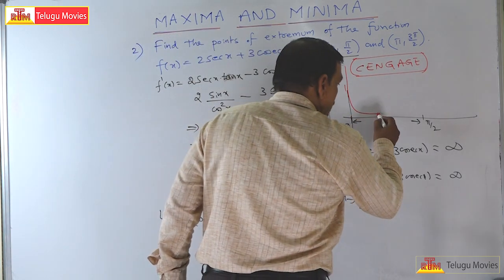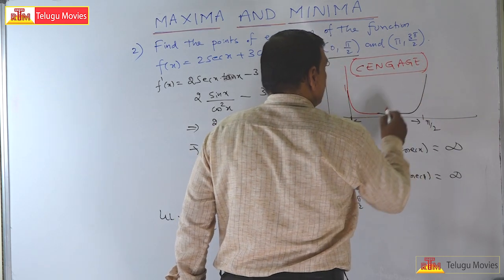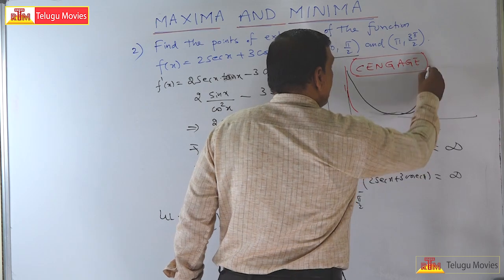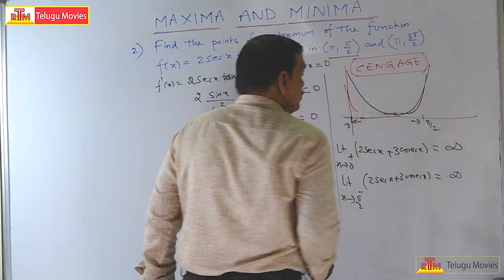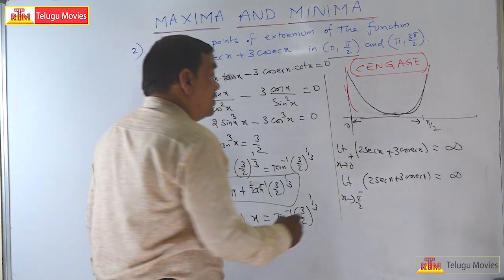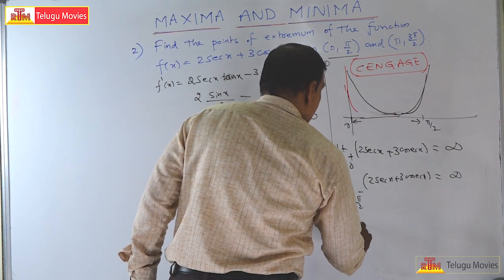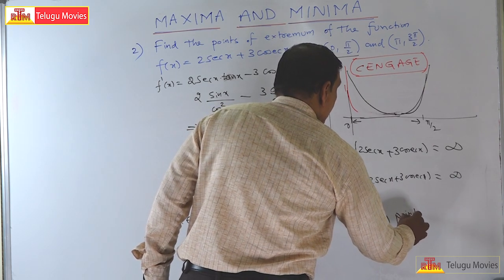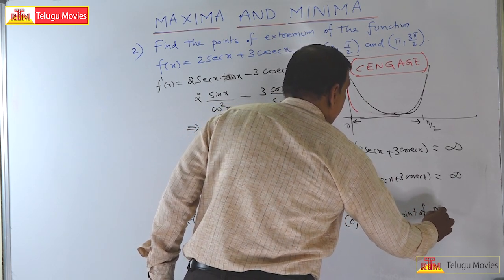So if you see the graph here, it will be like this. So you will get a point of minima in the interval 0 to pi by 2.